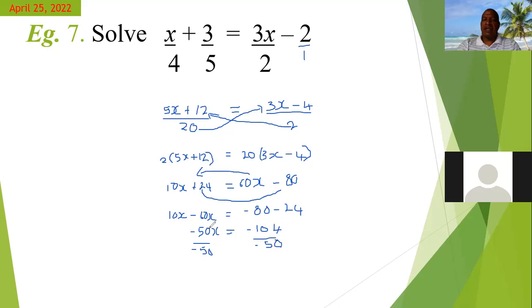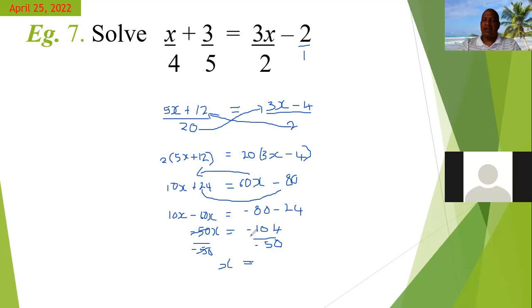And so this right-hand side, you cancel out the 50 and you leave with the x. That should be the left-hand side. And so the right-hand side now, you can cancel. The numerator would give you 52.